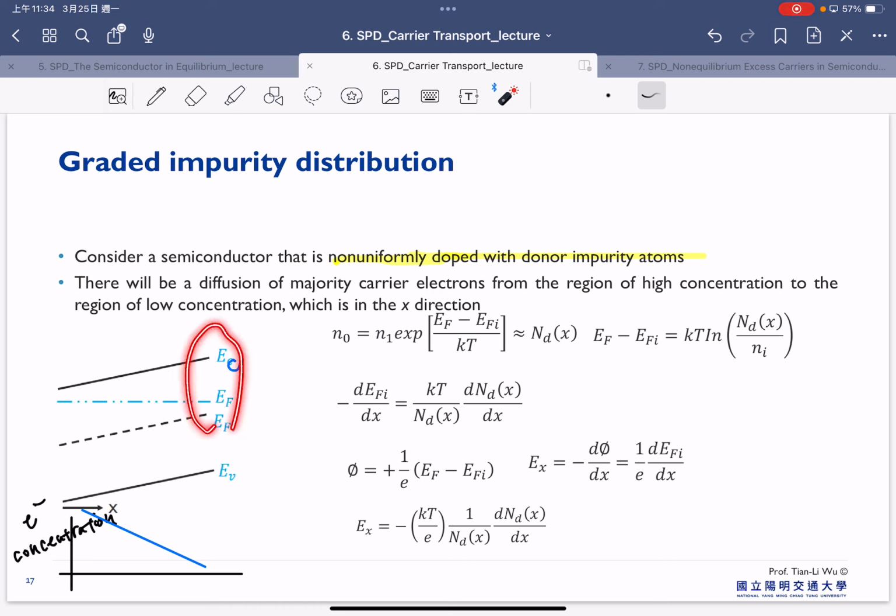In this region your E_F is slightly farther away from E_C, so you have a low concentration. So we have a non-uniform distribution here. Of course, based on all the things we already have, we can also define the concentration distribution. In the end, we can have this one. This is the electric field, and that correlates with your concentration distribution with respect to the x-axis.